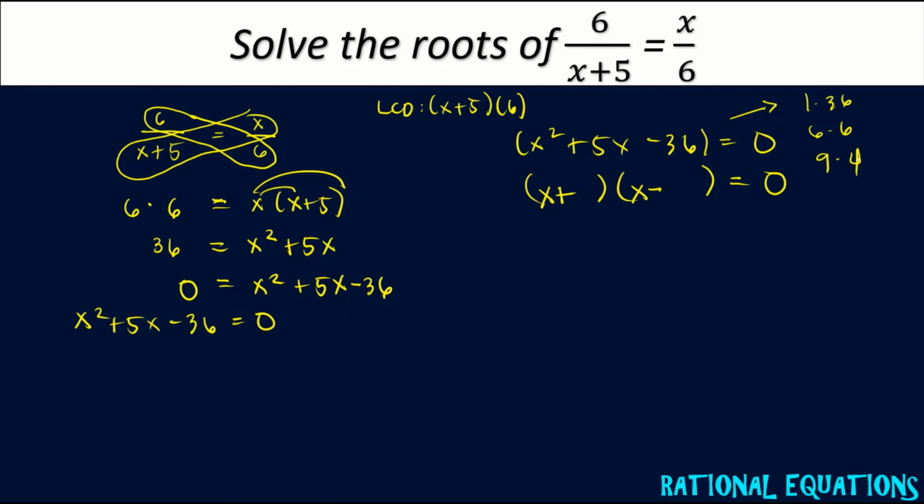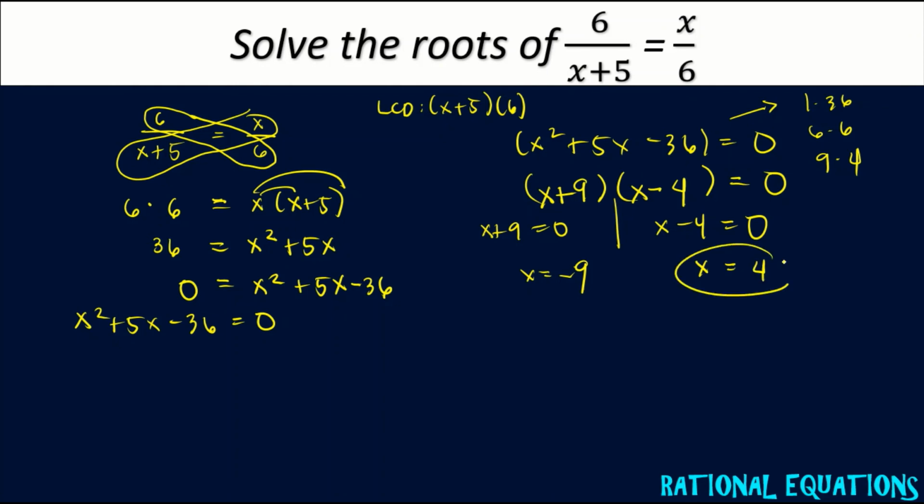So, we will use 9 and 4. And since we have different signs, we put the larger number on the sign that is the same as the middle term. So, here the 9 and here the 4. Then, equate each factor to 0. We have x plus 9 equals 0, and then x minus 4 equals 0. Then, x is equal to negative 9, moving positive 9 to the other side, and x is equal to positive 4, moving negative 4 to the other side.